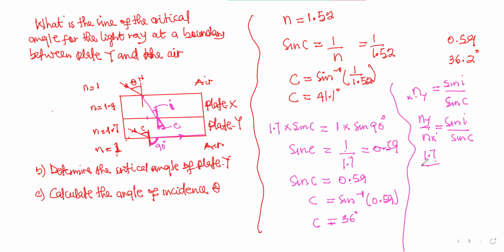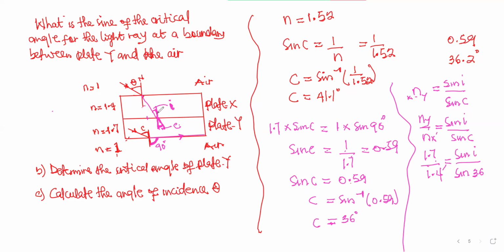The absolute refractive index of X is 1.4. And so we have sine I divided by sine of 36. By this, it would give us the angle of incidence in plate X.